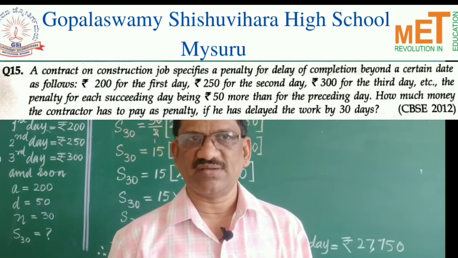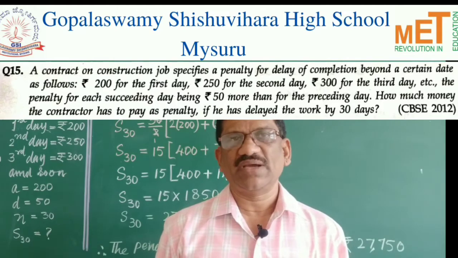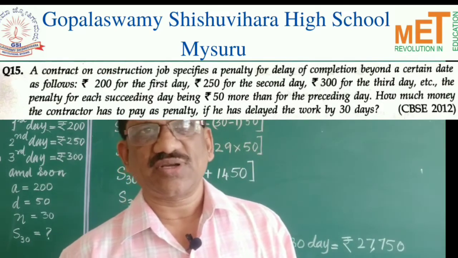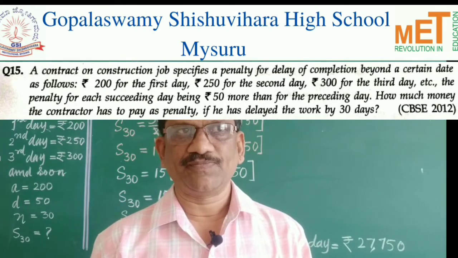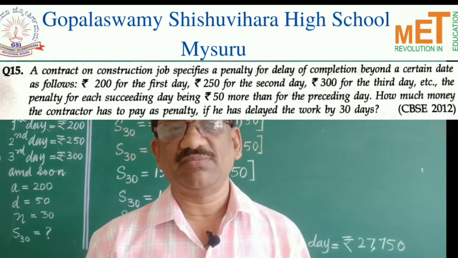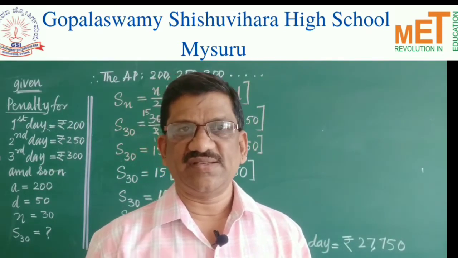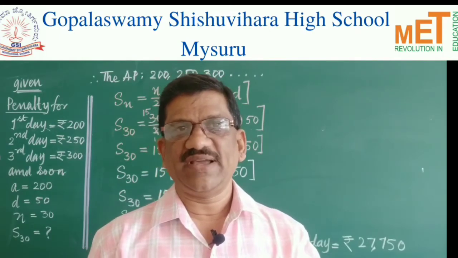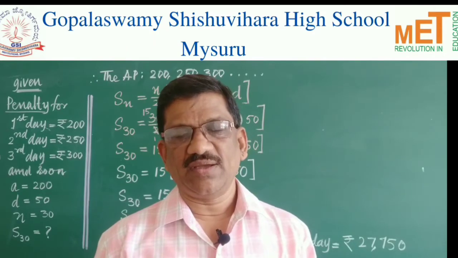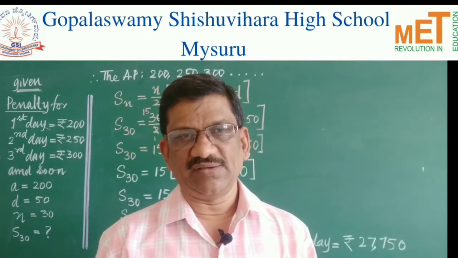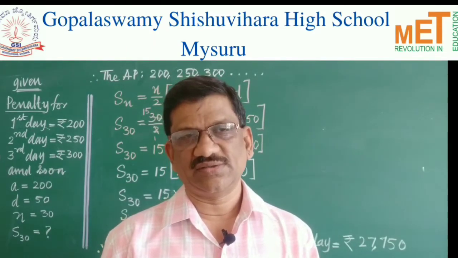Did you understand? So what do you mean by this? A contractor who is constructing a building has to hand over the building on the specified day. But if he has delayed, for each day he has to pay 50 rupees more penalty starting from 200.